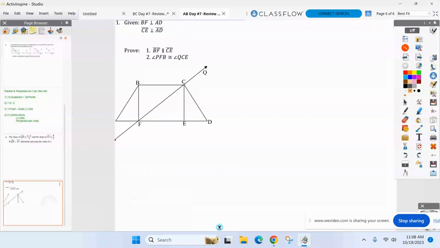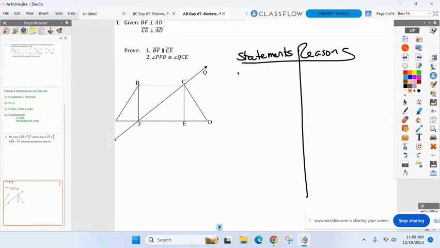Page 27 is all the theorems that we've gone over this unit. So I do want to do a proof, and notice what the proof is asking. Prove the lines are parallel, which is going to be what I ask on the test tomorrow for your proof. So I'll give you a minute to set everything up. It's been a while since we did a proof as a group.